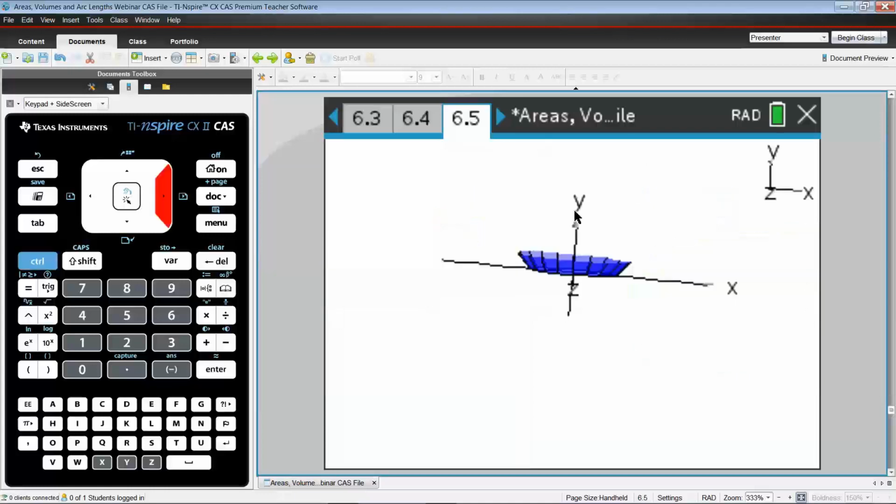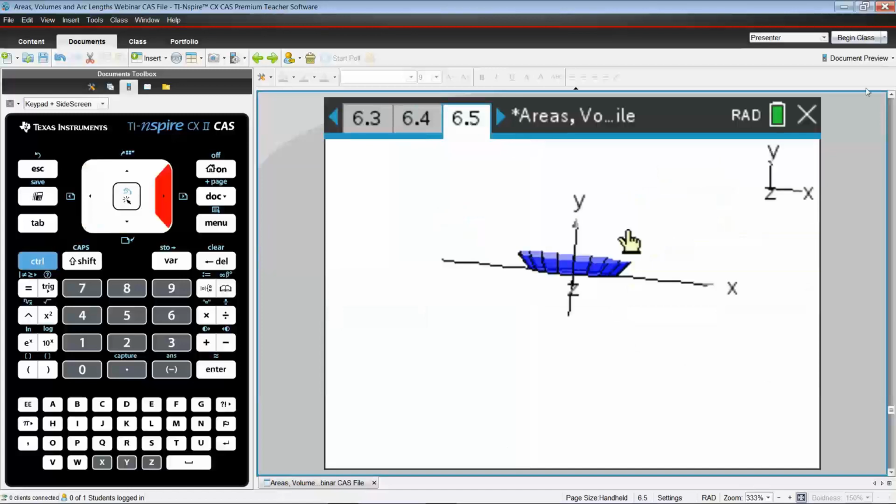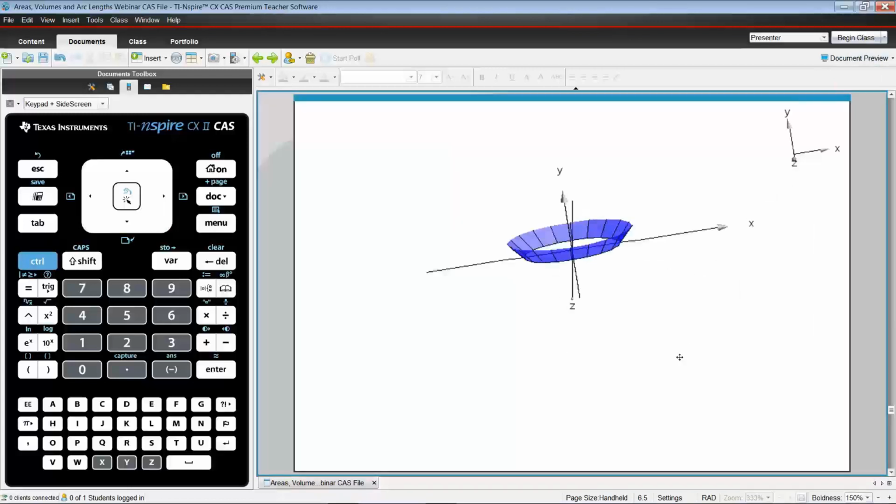Before we get any further, let's have a look at what this visually looks like. There you go. This is a lower resolution version, and here's a higher resolution version. This right here is the outside of the solid that was formed. As you can see, here's x and here's y.